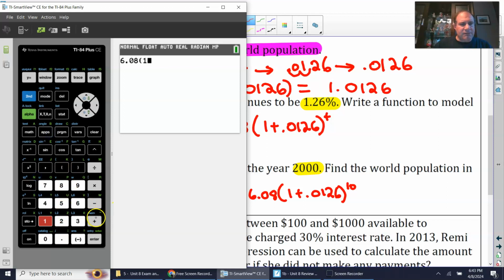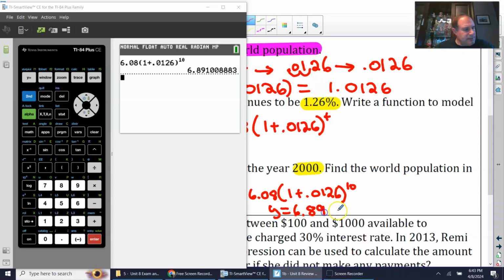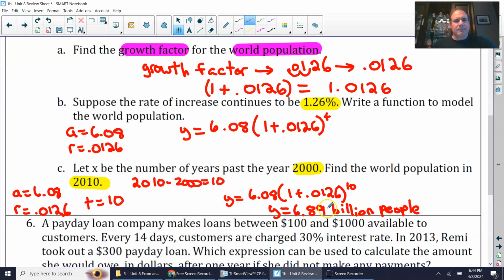Put it in directly into the calculator just the way you see it. 0.0126. Close the parenthesis to the 10th power. And you get 6.89. So this is y equals 6.89 billion people. And that's it.